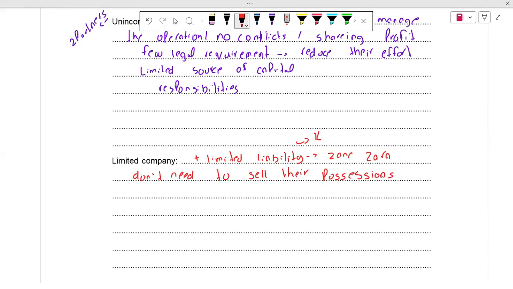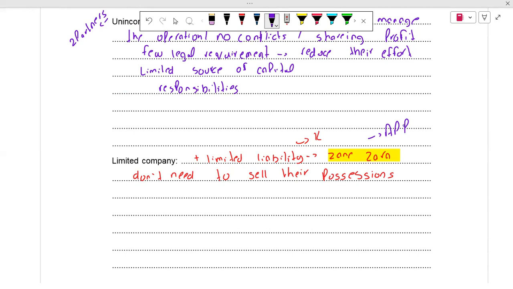That is our application point, because I am using the information from the case. So this is the advantage of the limited company.